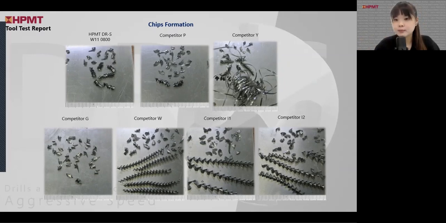I just wanted to quickly ask, especially coming from a layman's side who might not understand the technical speech, how do you establish what is considered good chips and what is considered bad chips here? Is there any way you can explain? Yes, in order to understand whether the chip formed is a good chip in general, you look at the starting chip formed whenever they start drilling.